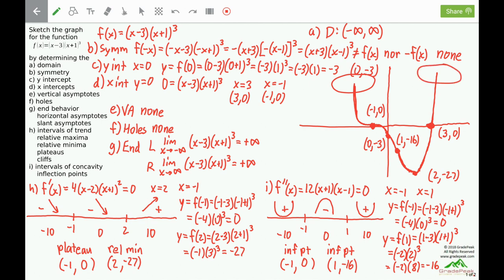It does follow the end behaviors as it should. It covers the entire domain of negative infinity to positive infinity for x's. Everything is being met here. This will represent the graph of f of x.